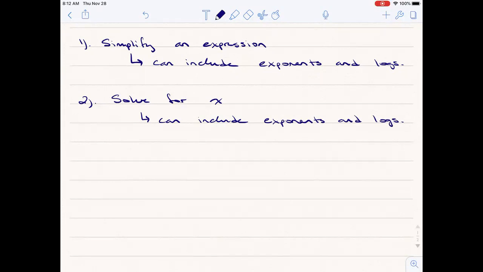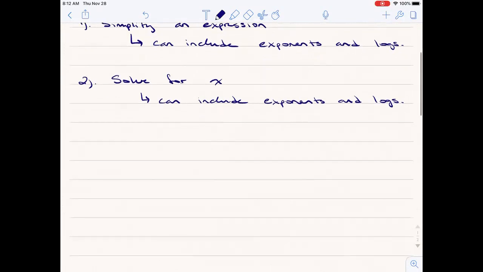Do you mean bringing the natural log in and testing that kind of stuff? Yeah. Or if you have something like the natural log of 4 plus the natural log of 5 minus the natural log of 6, you can condense this into the log of 4 times 5 over 6.